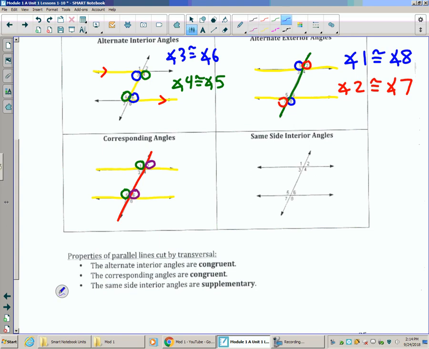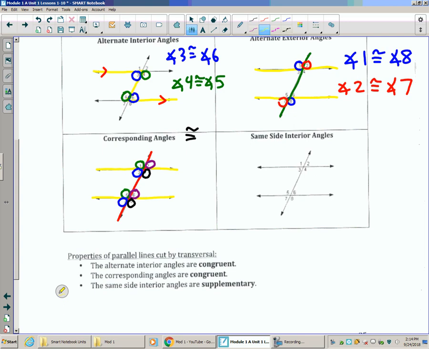We would also have angle 3 and 7 being corresponding, and also 4 and 8. Basically, if you look at the colors we have there, any angles in the same position on the parallel line with the transversal, either top left for green, top right for purple, are called corresponding angles. They are also congruent as well.